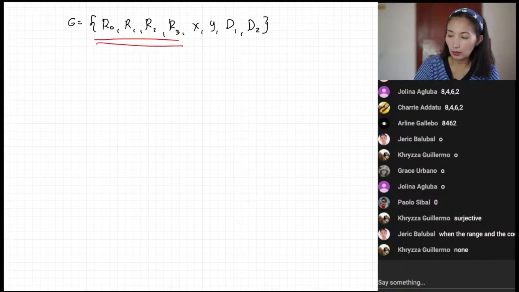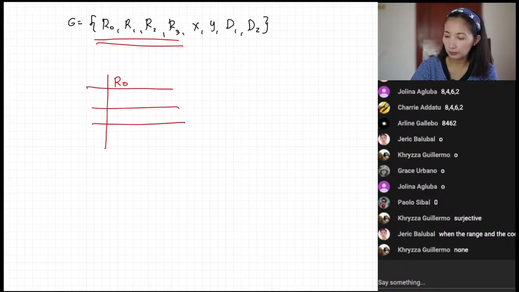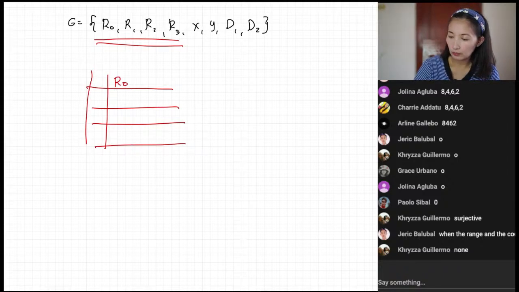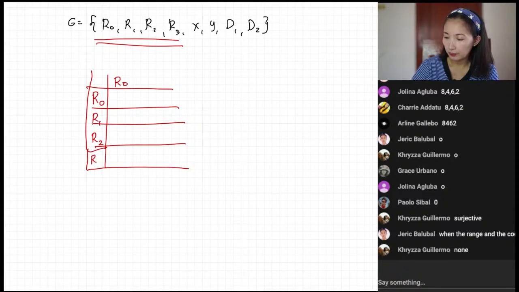Your R sub 0, R sub 1, R sub 2. Remember these rotations on the plane, motions of the square on the plane, or set of symmetries of a square.